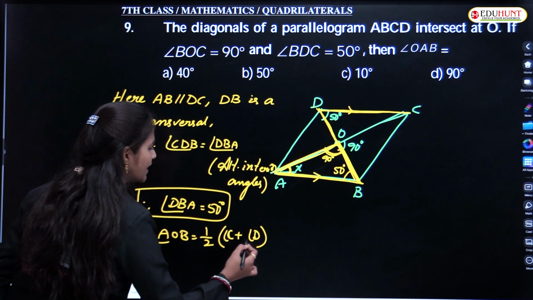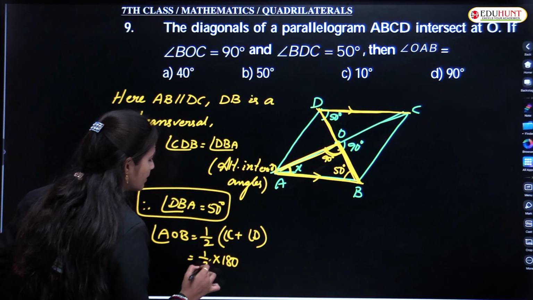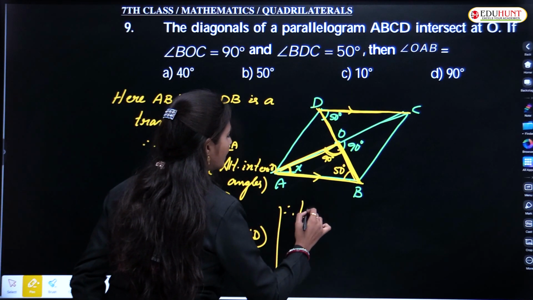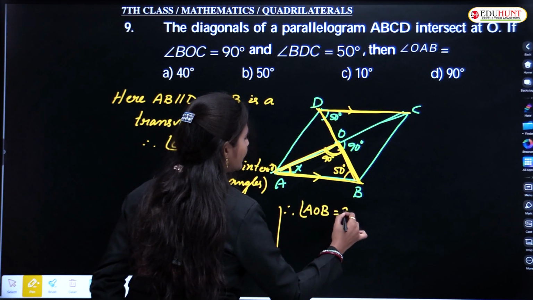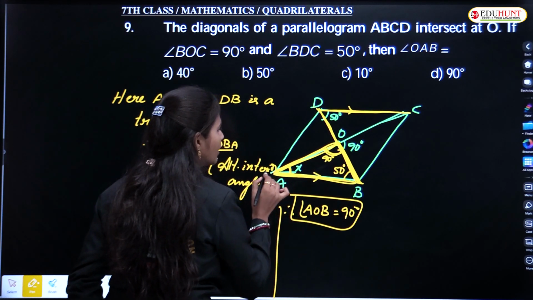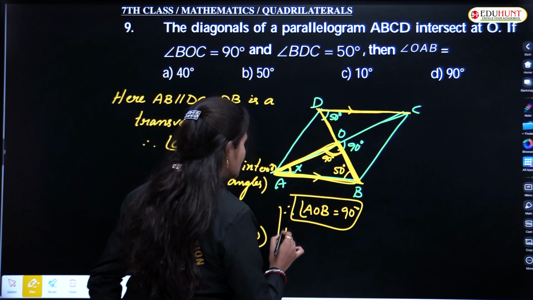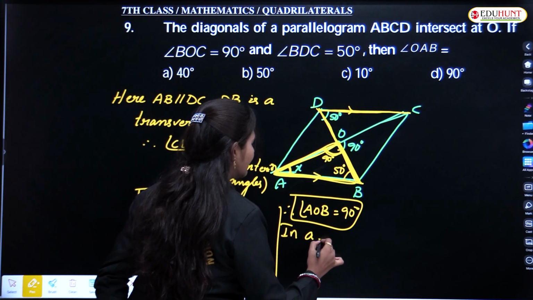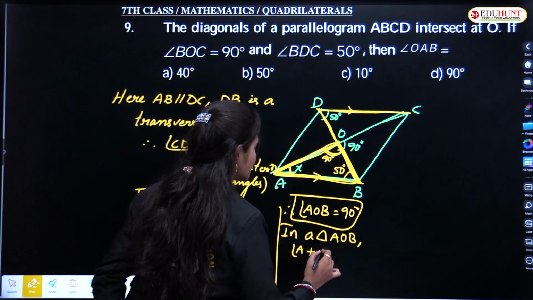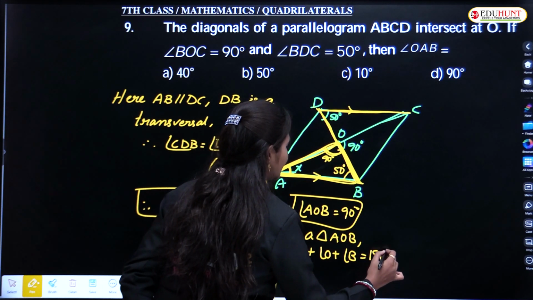So angle C plus angle D is equal to 180, as they are adjacent angles. So half of 180 degrees, so we can write 90 degrees now. So therefore angle AOB is equal to 90 degrees. So children, in this triangle AOB we got two angles. So automatically we can find the other angle, no? So in triangle AOB, angle A plus angle O plus angle B is equal to 180 degrees.